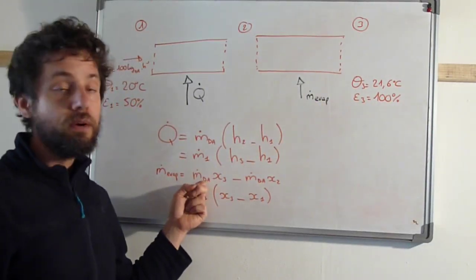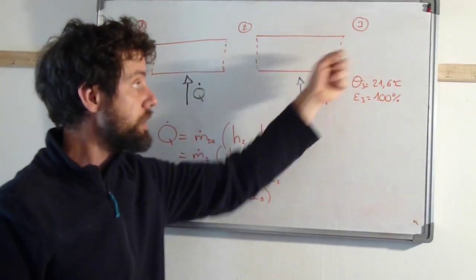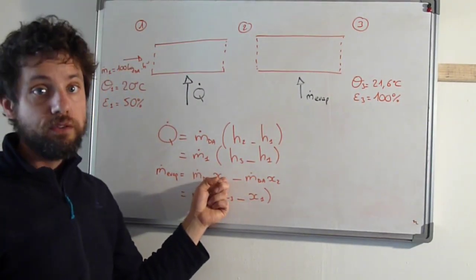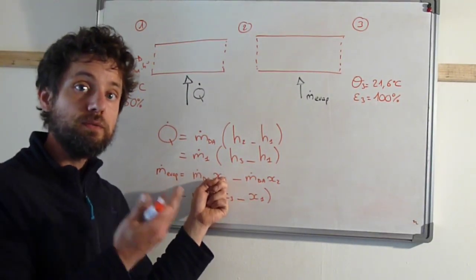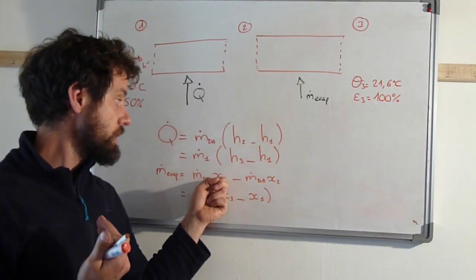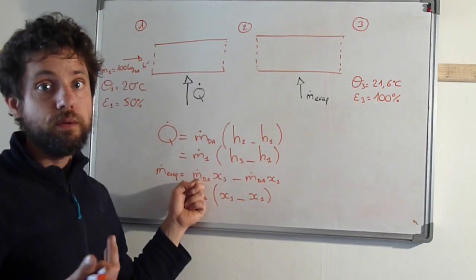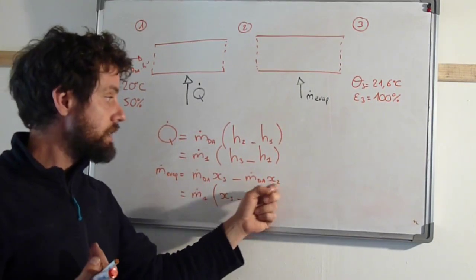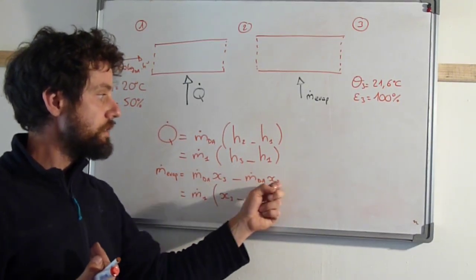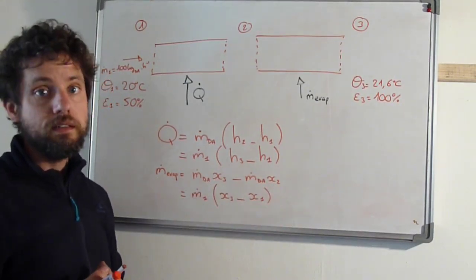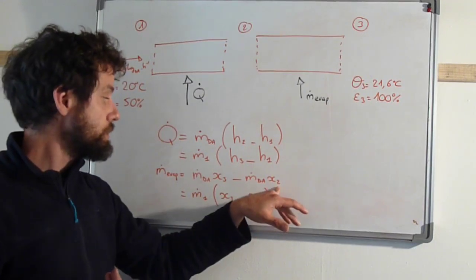So the water flow rate we have in point 3 corresponds to X3, so the ratio of mass of water per the mass of dry air, multiplied by the mass flow rate of dry air. Similarly, in point 2, it's the mass flow rate of dry air times the moisture content of 2.